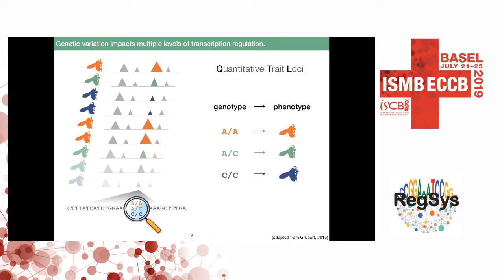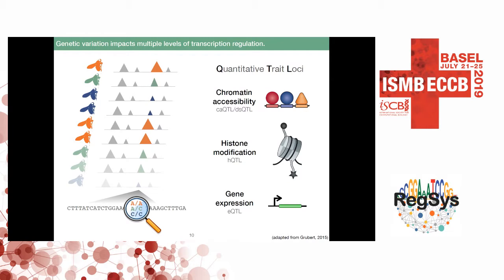And the phenotype is statistically found within a population with a segregating genotype. The phenotype can be fly color, but it can also be a quantitative measure such as chromatin accessibility, histone modification, or gene expression, which is the most common, called eQTL.